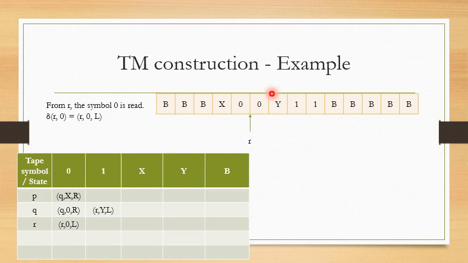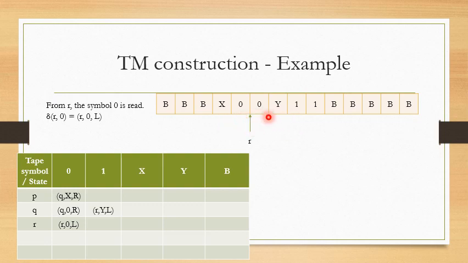Yes, so this 1 is now changed to Y, and the tape head which was here has moved to the left. Now we are in state R, and on the way towards this extreme end, until you reach X, you will be reading zeros.